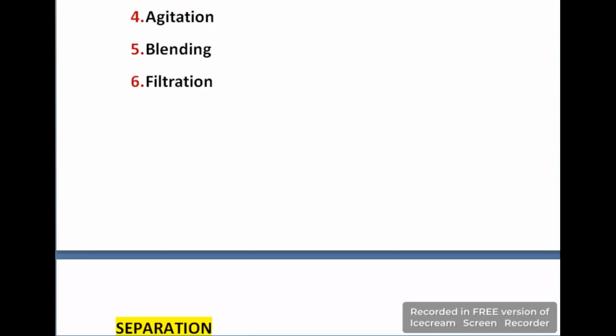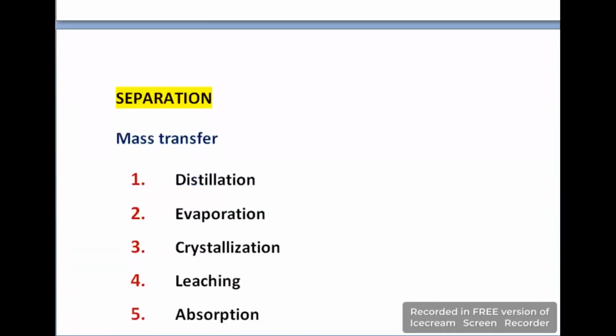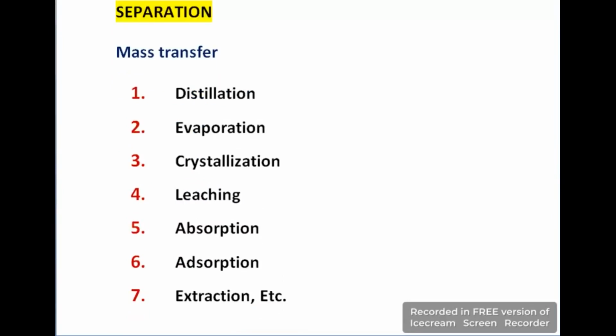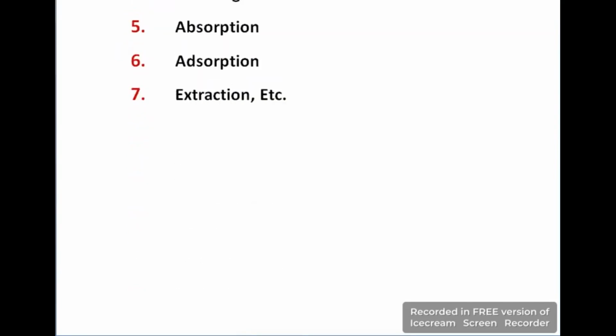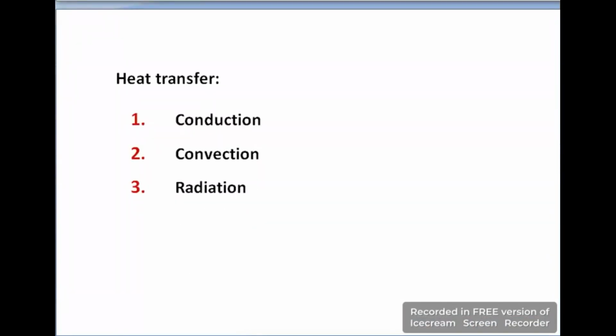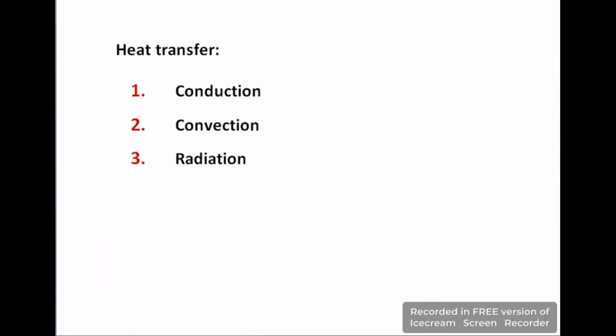And if we talk about separation processes, then distillation, evaporation, crystallization, leaching, absorption, adsorption, and extraction are also involved. And if we talk about heat transfer, then conduction, convection, and radiation are also involved in unit operations.